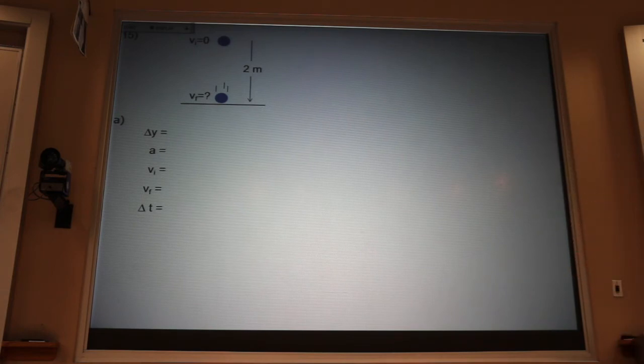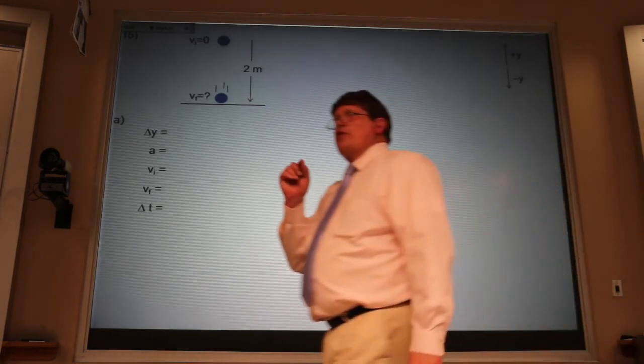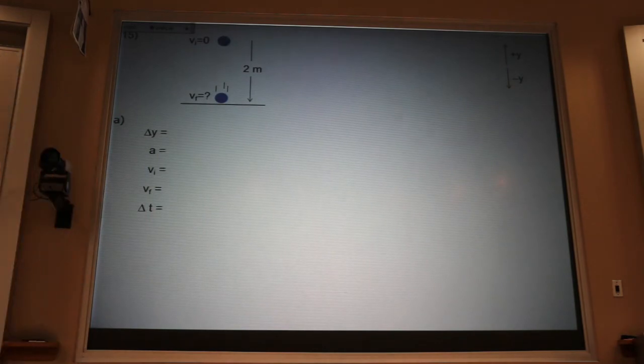I usually use x when things go left and right, and y when they go up and down. Now, every morning when you wake up, you have a God-given right to choose your own coordinate system. You could choose up to be positive, you could choose up to be negative. It's your right. You do not, however, have a right to change your coordinate system in the middle of a problem.